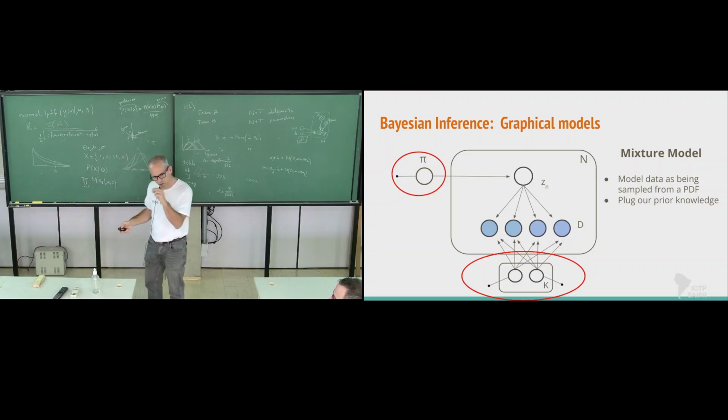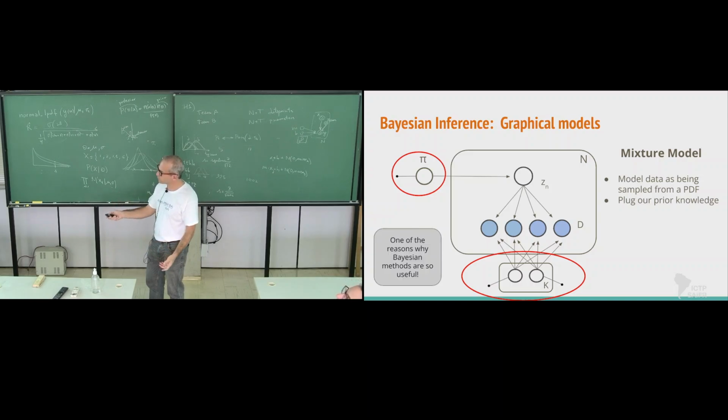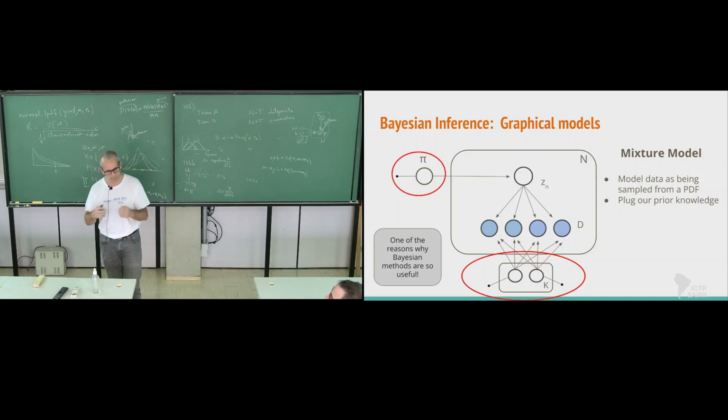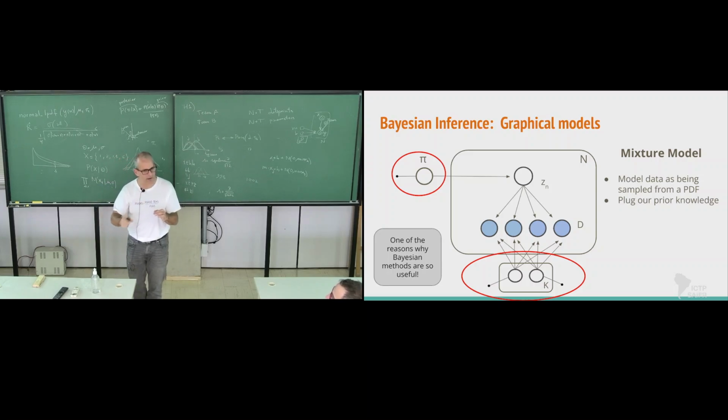And that prior knowledge you can put in if you unfold the probabilistic model into different building blocks. This is one of the reasons why these techniques are so useful: you can plug your prior knowledge into exactly the variables that you're modeling, that are creating the data.